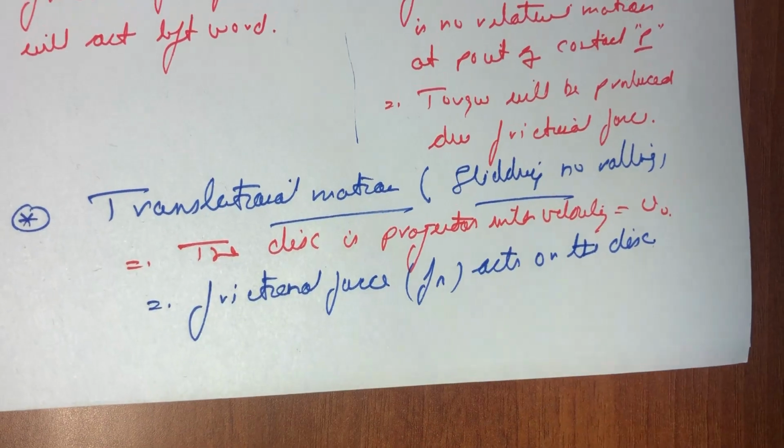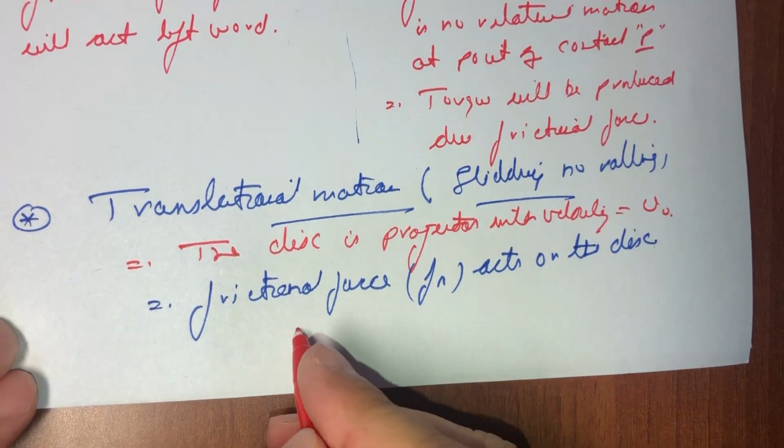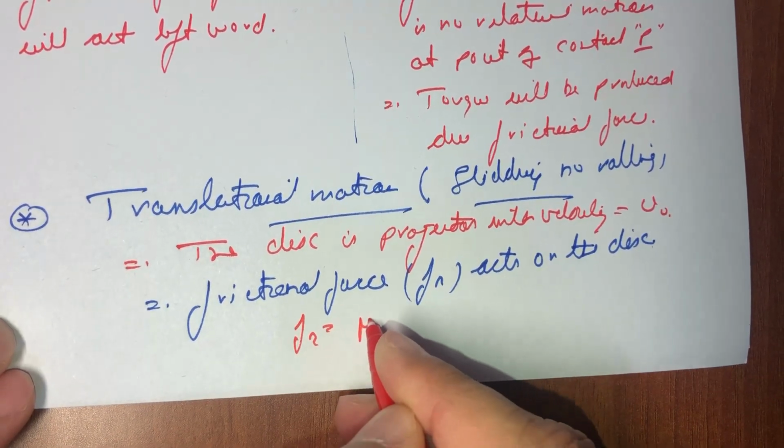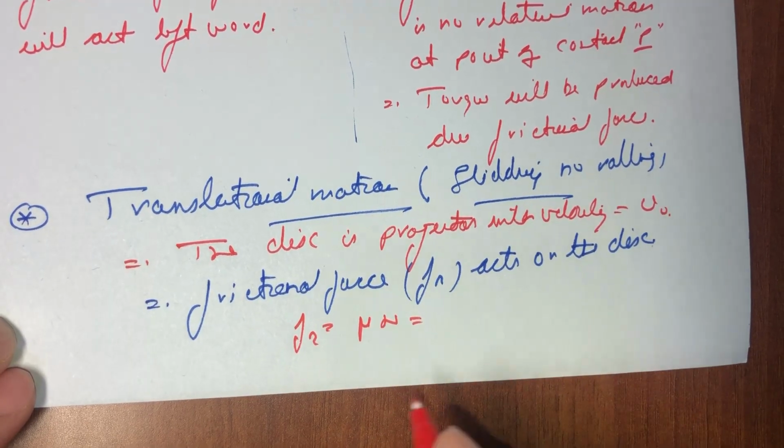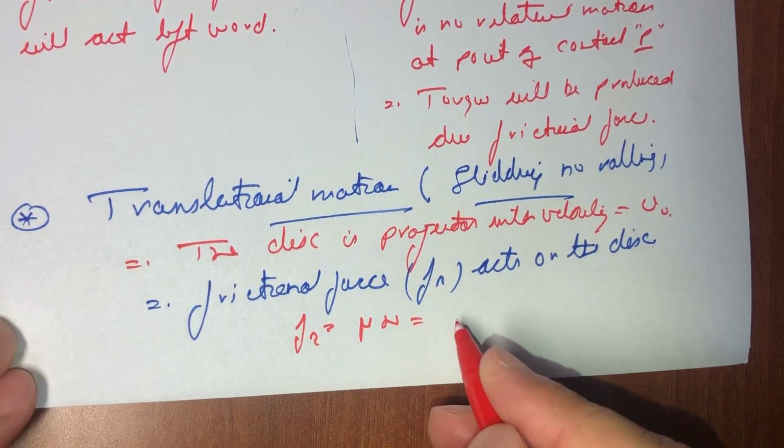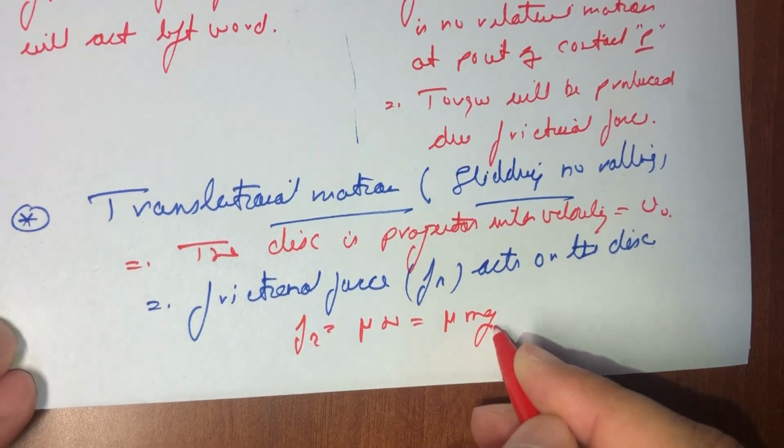We know that the frictional force Fr is equal to the coefficient of friction multiplied by the normal, and normal will be in this case mg, so this will be mu mg.